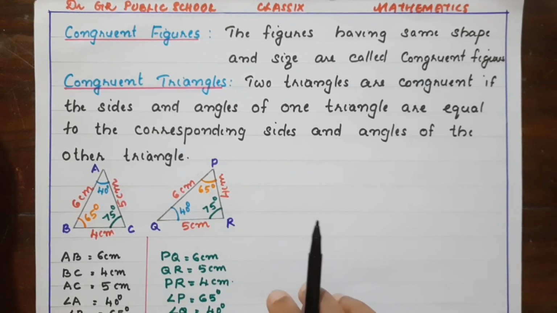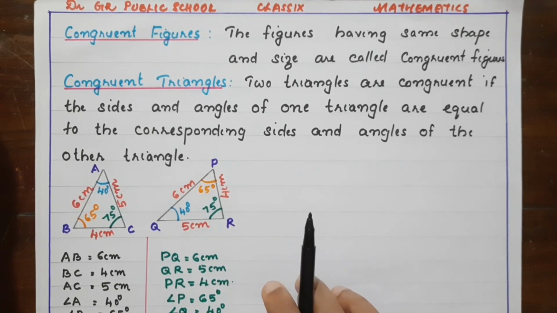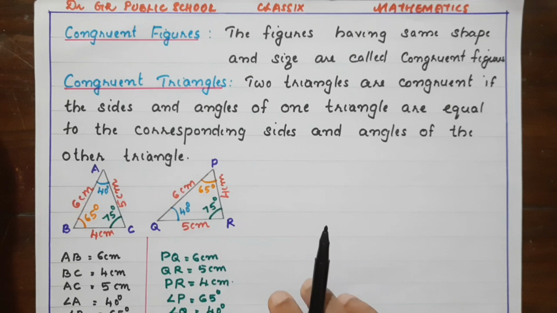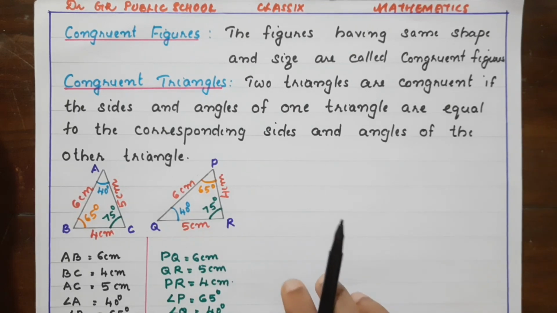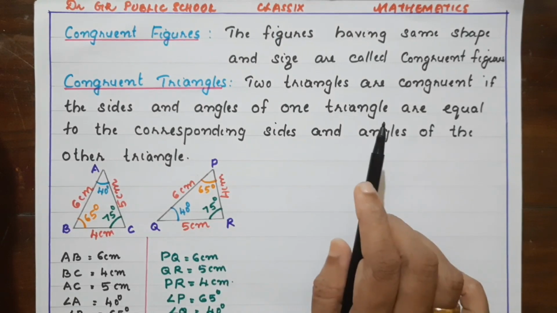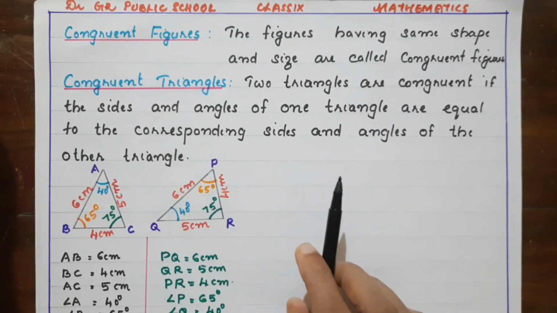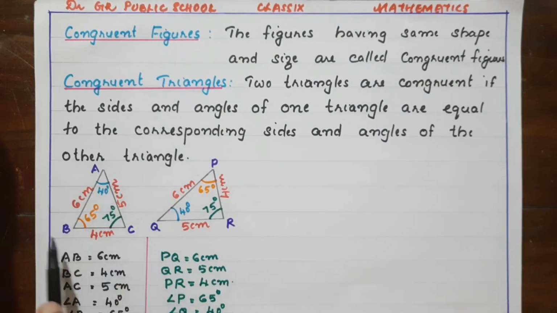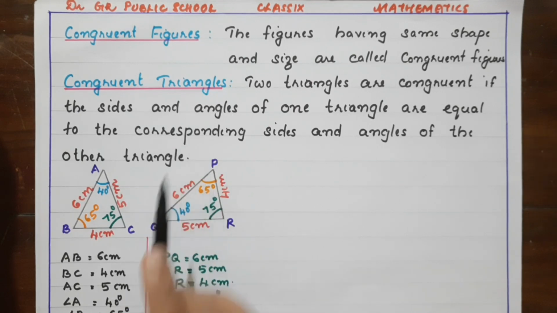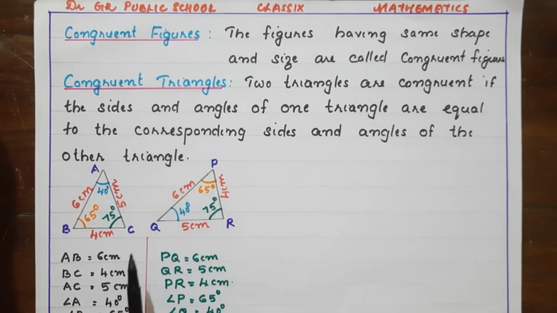So, if two triangles are having same sides and same angles, if the sides are having same length and if the angles are having same degree measurements, then we can say that two triangles are congruent. So let's see, here is a triangle ABC, another triangle PQR. Let's verify whether they are congruent or not.